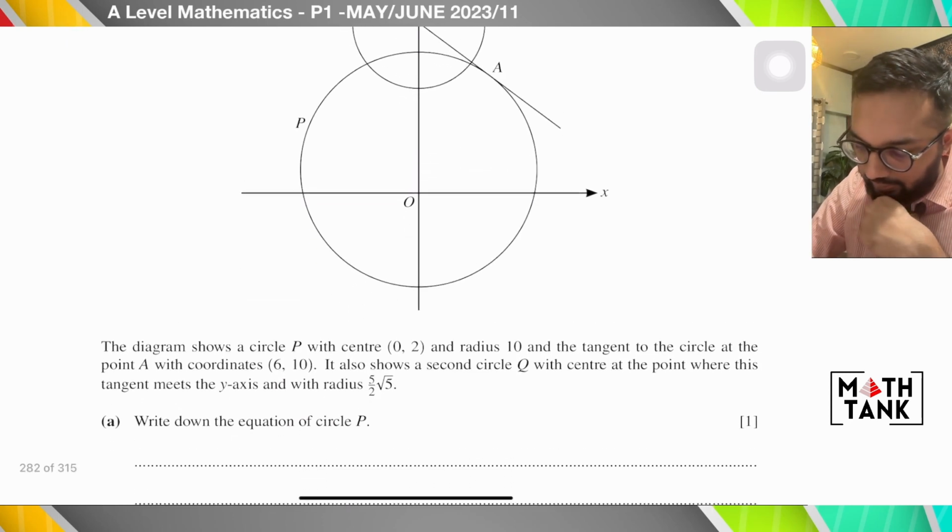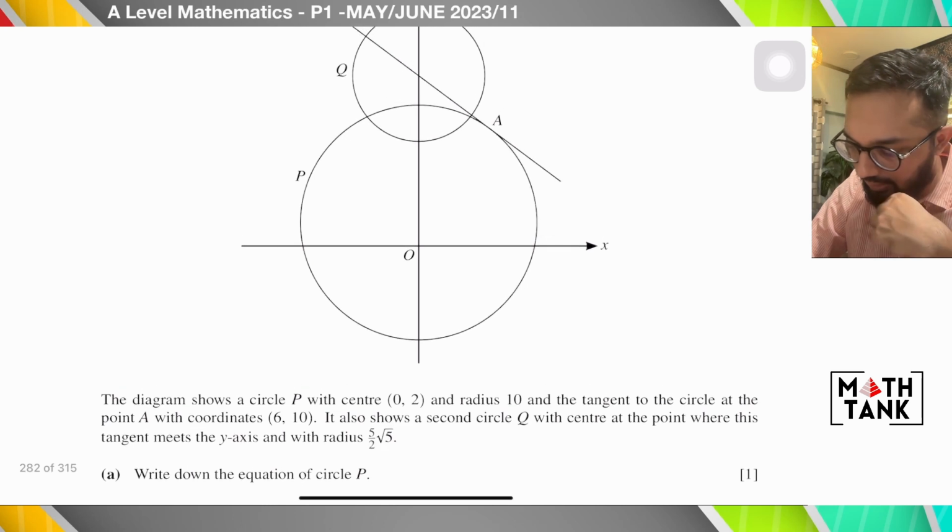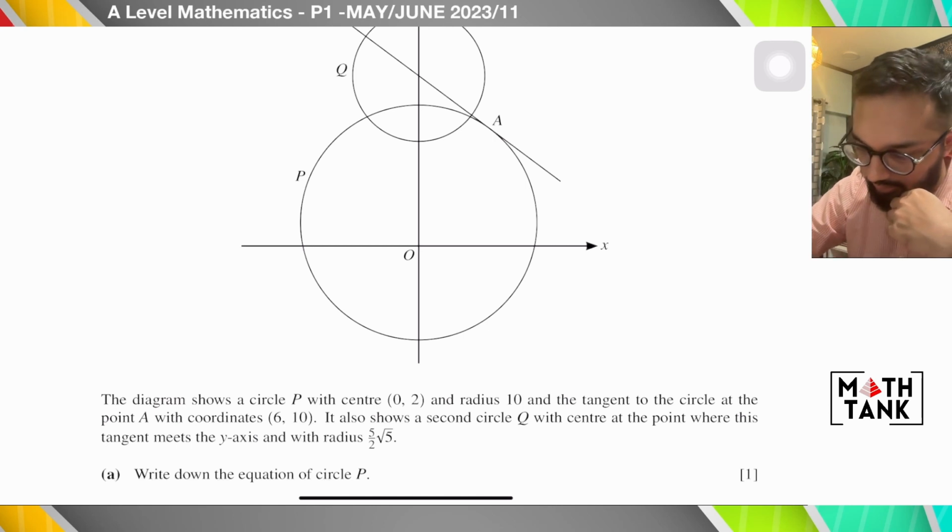The diagram shows a circle with center O2 and radius 10 and the tangent to the circle at the point A with coordinates 6, 10. It also shows the second circle Q. Okay, this one has a center at 0, 2. At 6, 10.